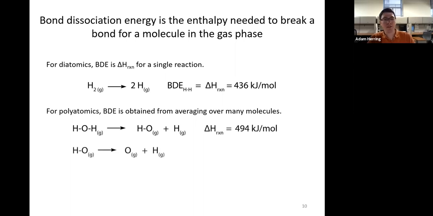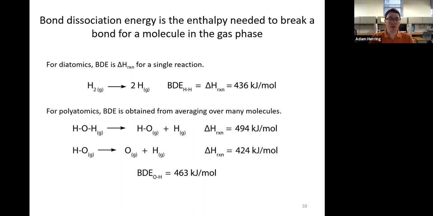Or we could look at the hydroxide molecule itself and separate the oxygen and the hydrogen there. That requires a different amount of energy. So for the oxygen-hydrogen bond, because it occurs in a variety of different scenarios, the tabulated value for the bond dissociation energy is actually an average of different scenarios that exist.